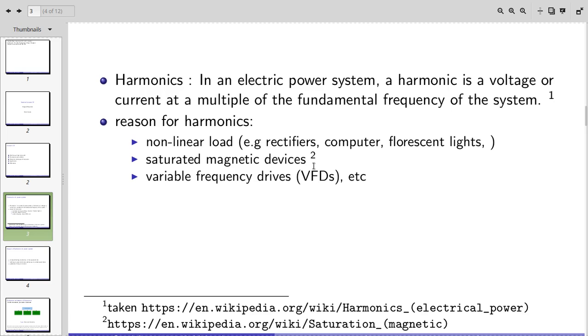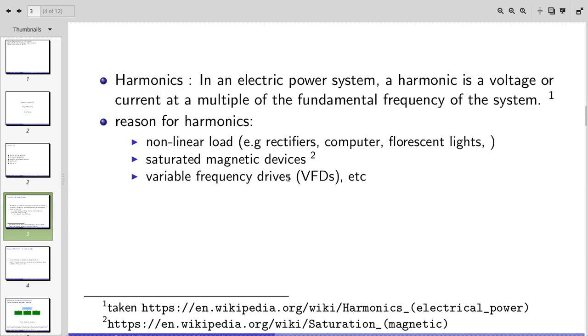On the BH curve, the nonlinear zone, whenever it is about to saturate, that portion introduces nonlinearity in the nature of your current waveform, and that nonlinearity introduces harmonics.